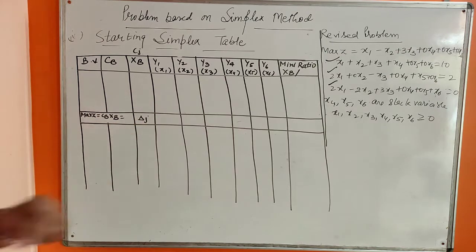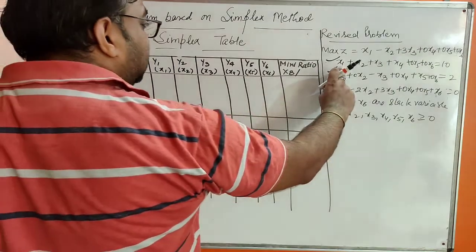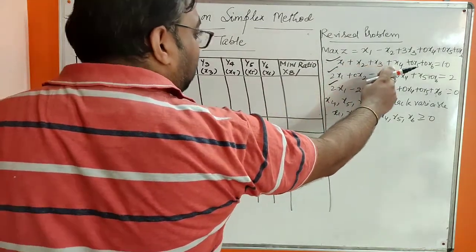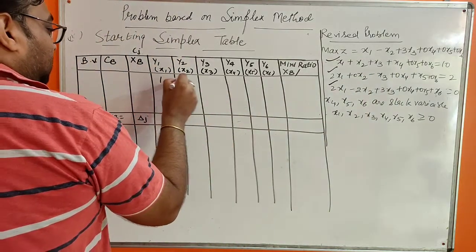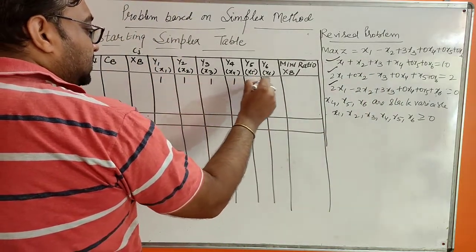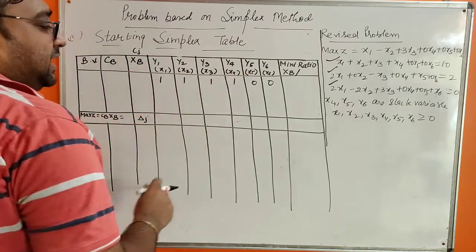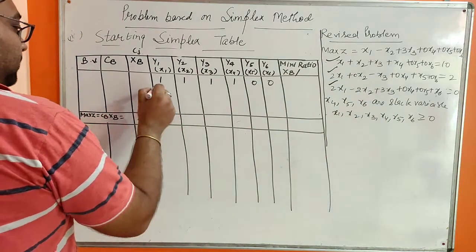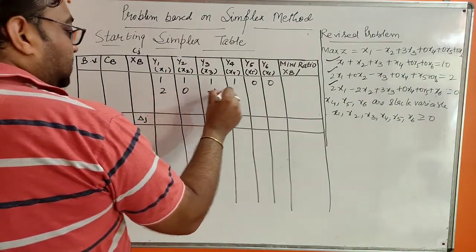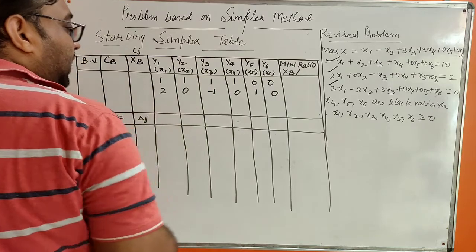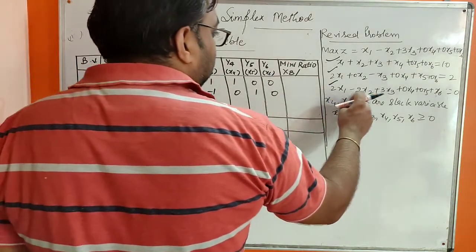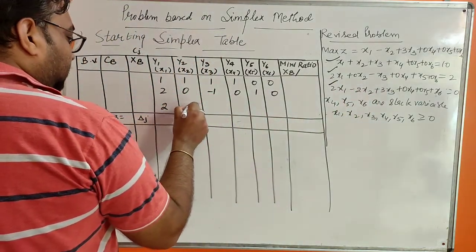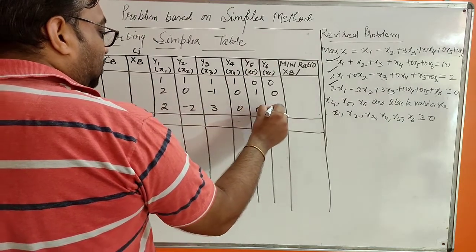Now we have to write the coefficient of each variable in each row. For the first row, the coefficients are 1, 1, 1, 1, 0, 0. For the second, the coefficients are 2, 0, minus 1, 0, 1, 0. And for the third one, 2, minus 2, 3, 0, 0, 1.